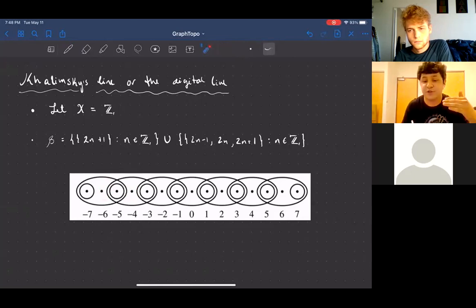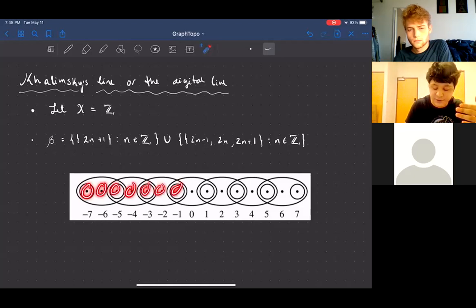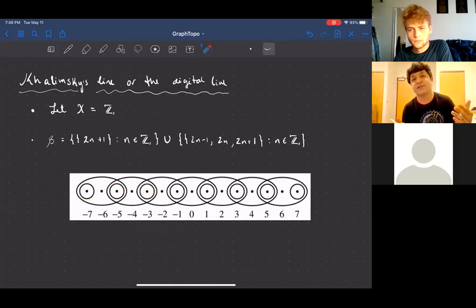When you have this metric, then you have open balls, and if you have open balls, then you have a topology. But the thing about this topology is that every point is an isolated open set. So this topology is disconnected. Points are on their own, and there is no way of having them connected.